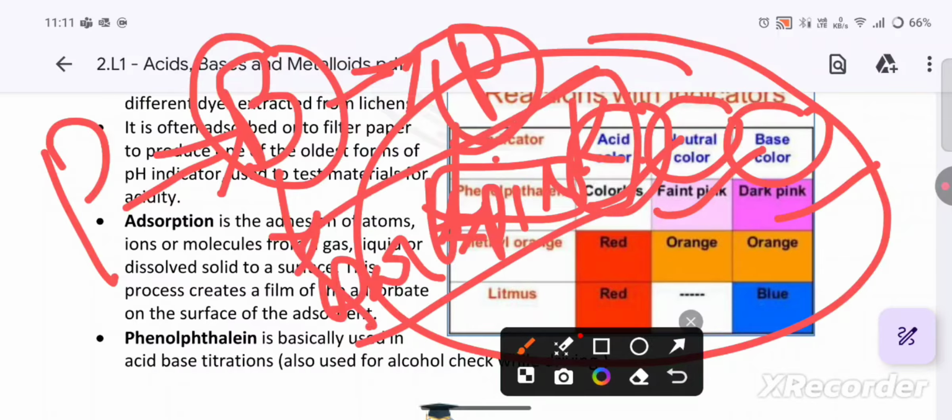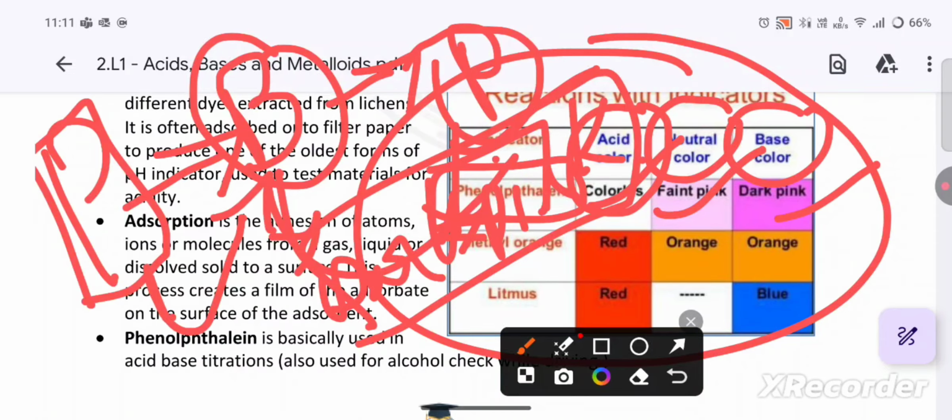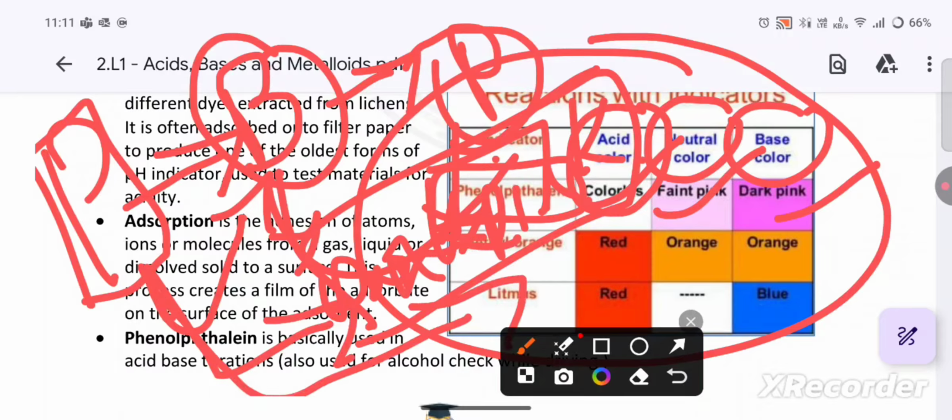When we see the word phenolphthalein, we think it is a base. No, sorry. For base, it will show the dark pink color. For neutralization, it will show pale pink. For acid, it shows no color. Okay, that's it.